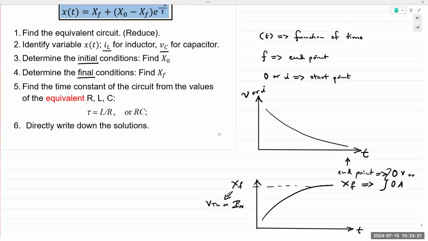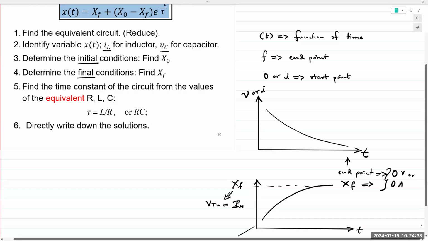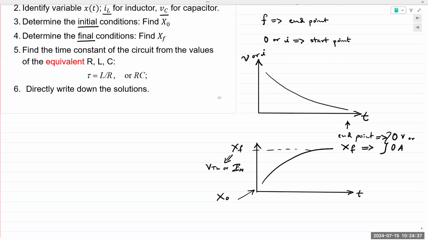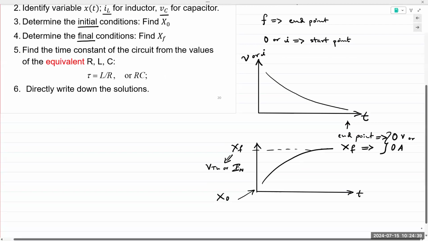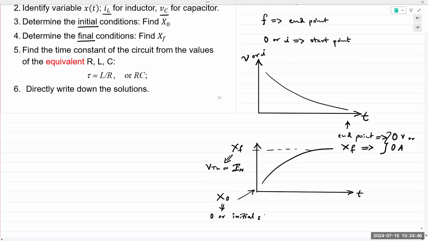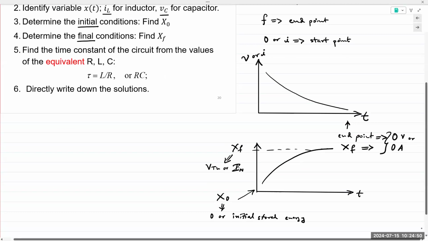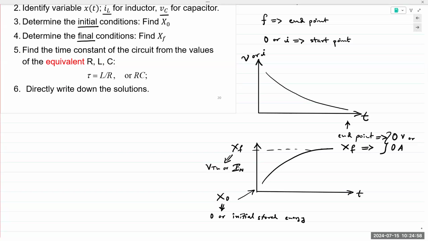Starting point, X0 here. X0 could be anything. It could be 0 if it's not mentioned, or it could be the initial stored energy in the component. If the value is given, you take X0 as the initial stored energy value.